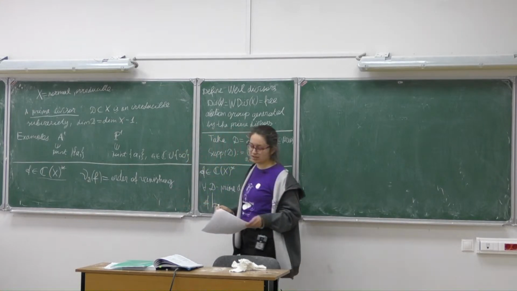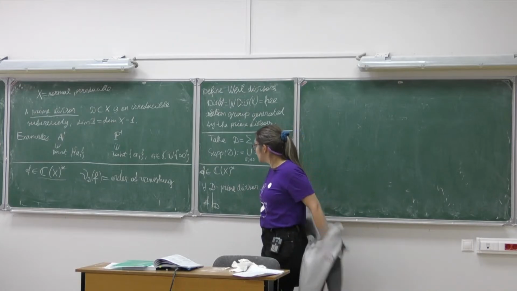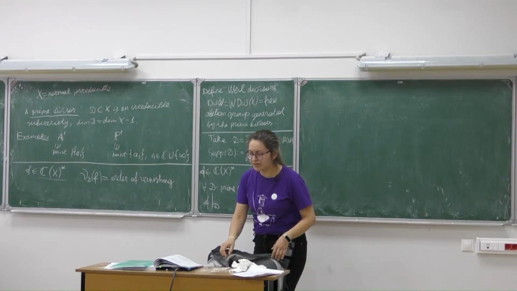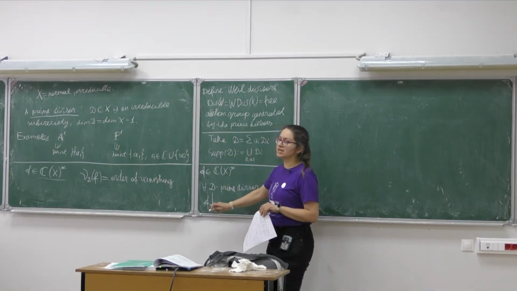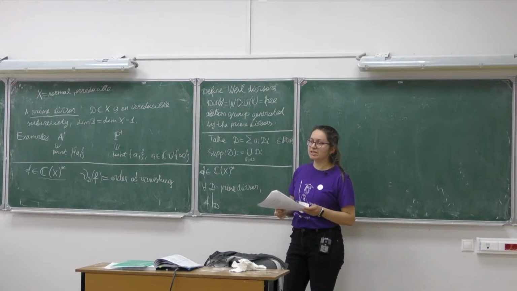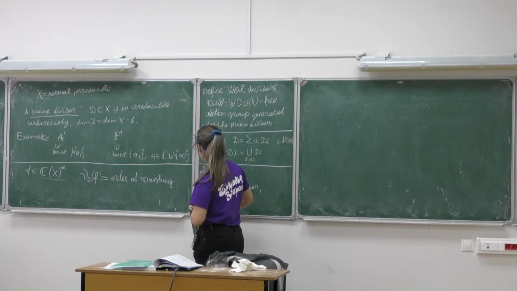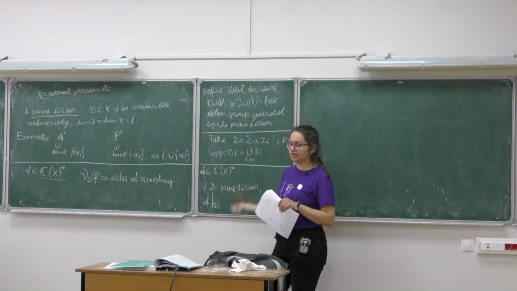There are two cases. Either it is defined somewhere on D or not. If it is defined somewhere on D, it means that it is defined on an open subset of D, because we started with an irreducible variety.